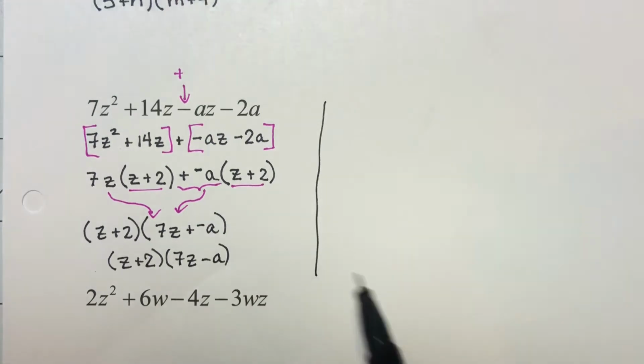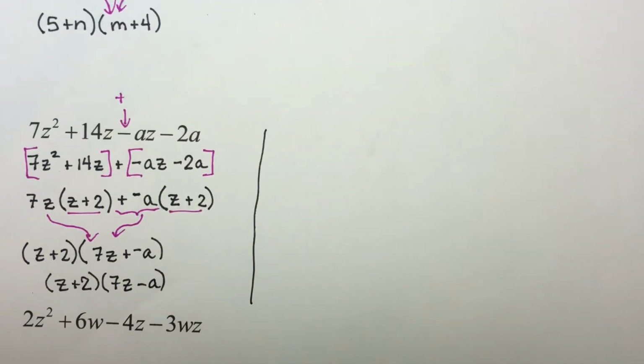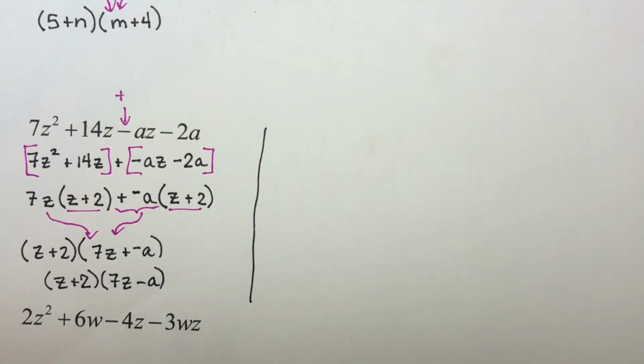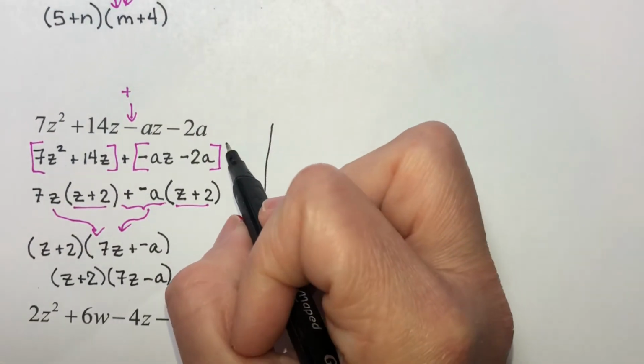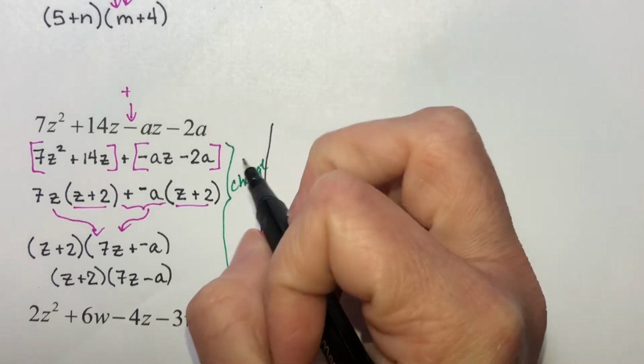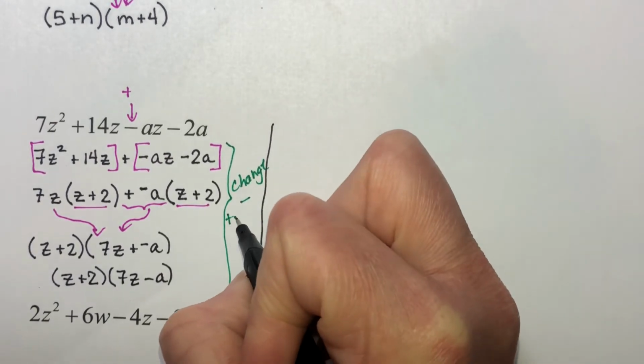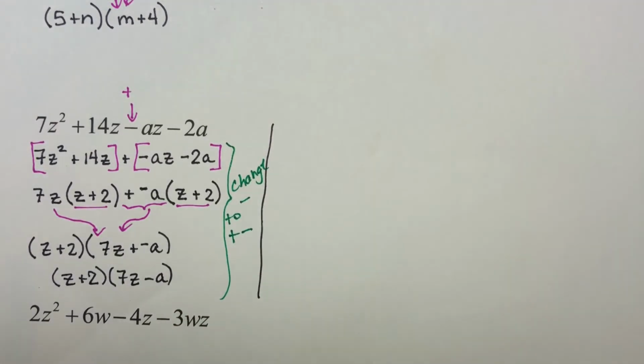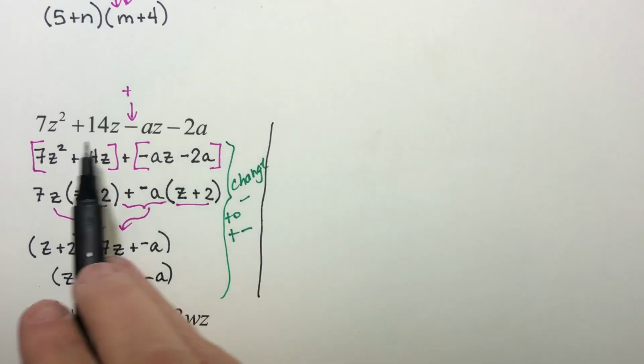Okay, so that's one way. This is changing the minus sign to plus a negative. I said that backwards. Change the minus sign to plus a negative. Alternate way: what I'm going to do is rearrange things.